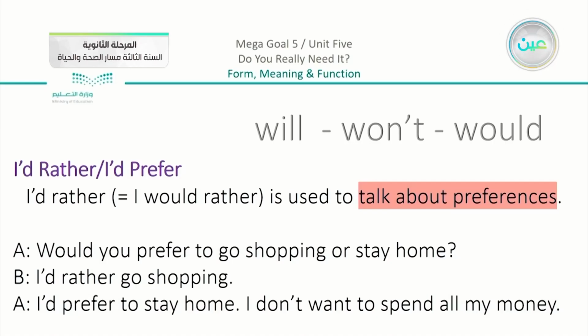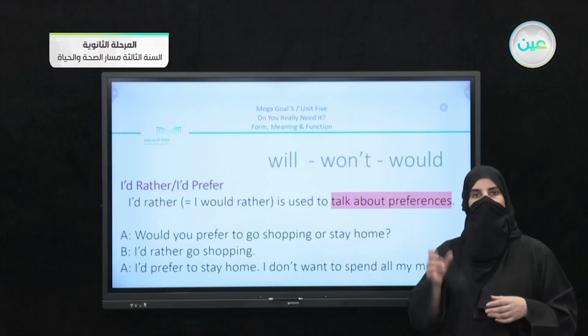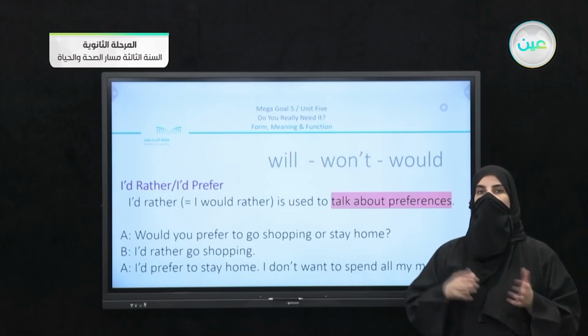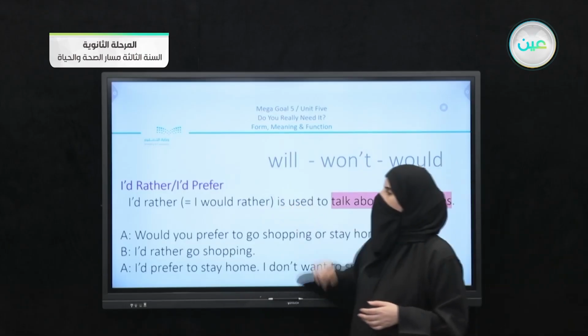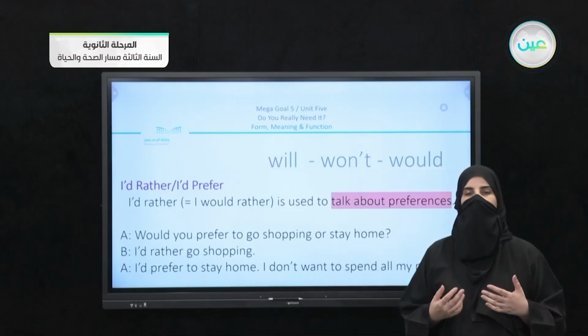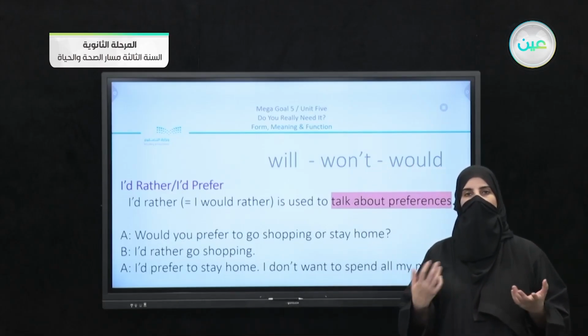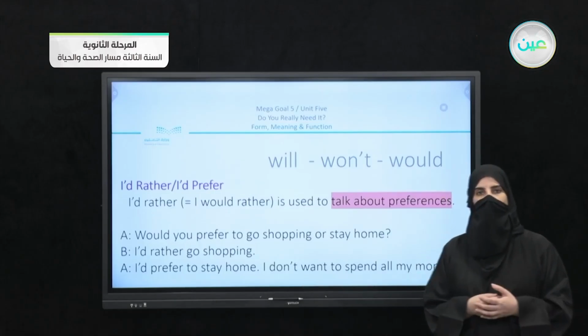So when I am talking of what I would rather do or I'd prefer to do, I can first of all shorten. Instead of saying I would, I'm going to say I'd. And we have here the I apostrophe D. It would give you the meaning that you would prefer to do something. So it is actually dealing with the personal preference here.